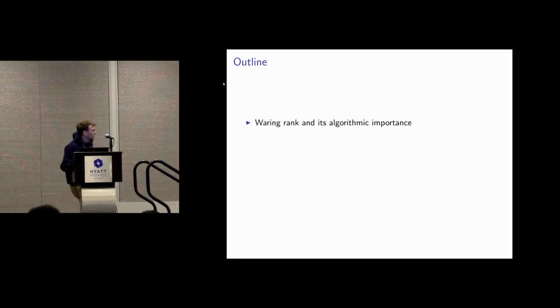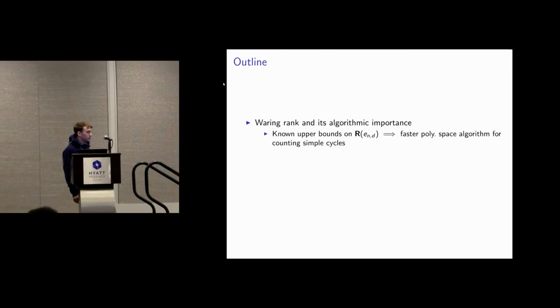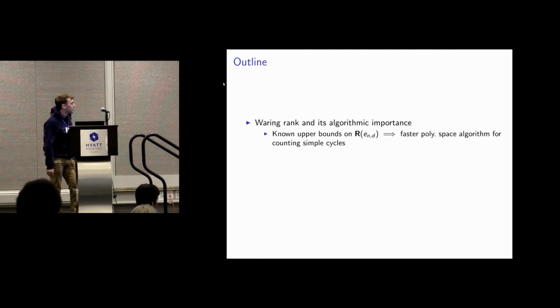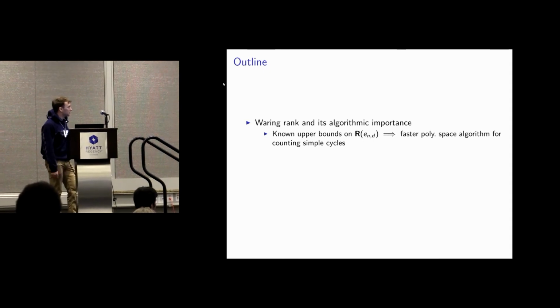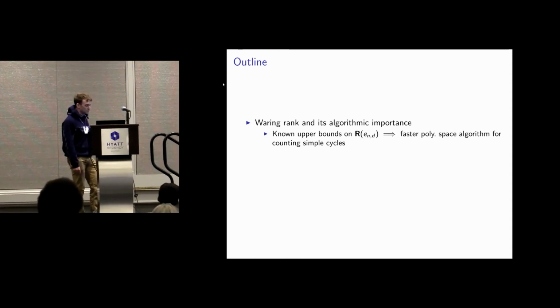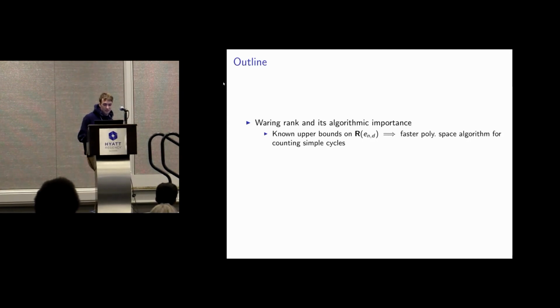And as a real algorithmic example, I'll show how this perspective combined with known bounds on the Waring rank of some specific polynomials immediately yields some faster polynomial space algorithms for problems such as counting simple cycles of a given length in a graph.